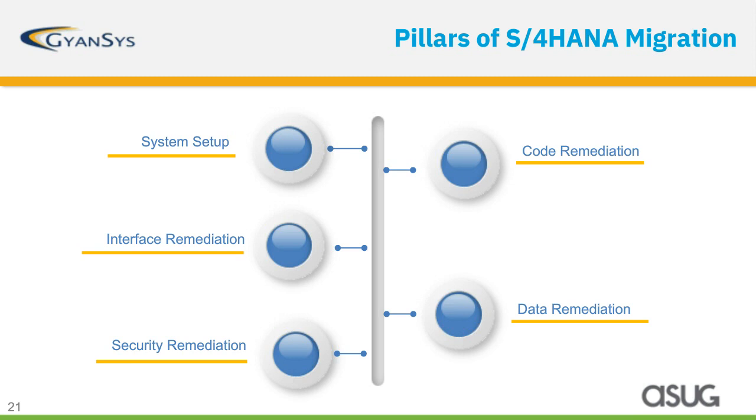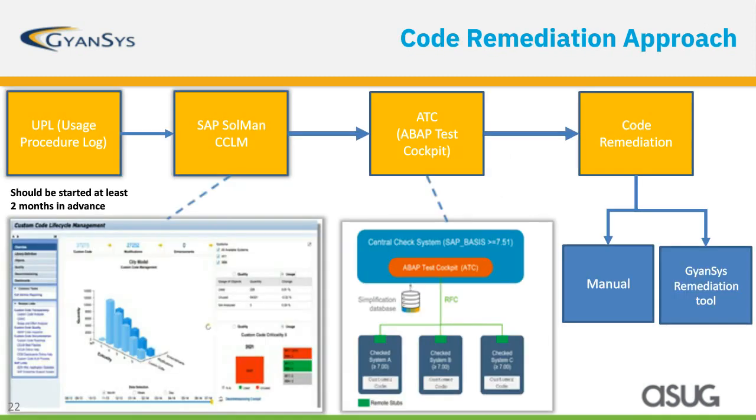And this is our code remediation approach. Ashish has already explained why we use UPL and ATC. I will just quickly talk about that. Let's assume we have 5,000 custom code objects in our system, which can be enhancements, reports, function modules, different kinds of custom code.